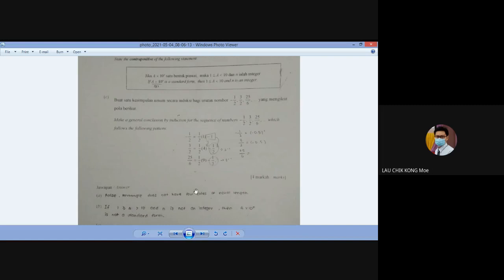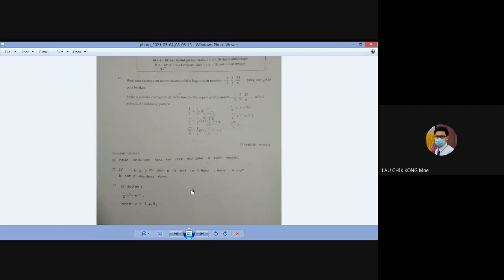And then the last one, the conclusions. Seperti yang kita buat dulu, yang tepang ini kita tak peduli. So 1/2 all is 1/2, 1, 4, 9 is n power of 2, correct? 1/2 n power of 2 minus, actually this one you can write n power of -1, I accept, but you also can write 1/n.